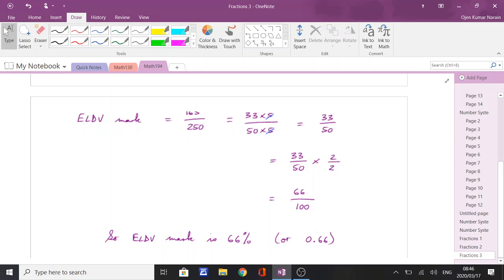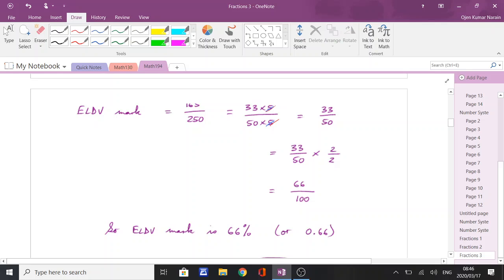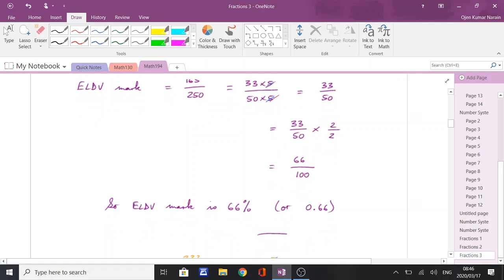So we can cancel again the 5s. And now you have it out of 50. To make it out of 100, we multiply by 2 over 2 to give you 66 over 100. So the ELDV mark is 66%, or in decimal, 0.66.